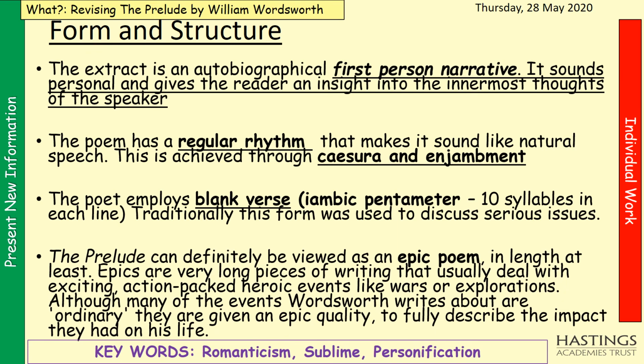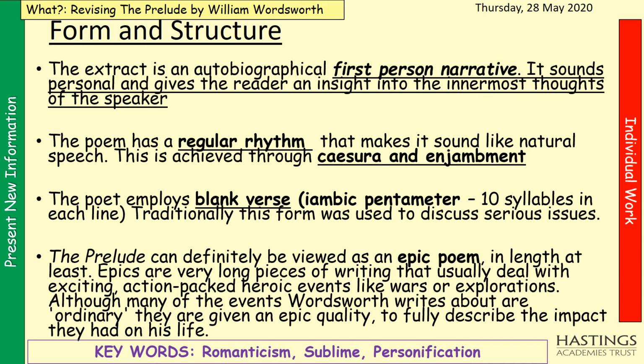It can be viewed as an epic poem, so that's the name of this type of poem. In length, obviously, it is a very long poem, a long piece of writing. We've only read an extract from it. Usually epic poems deal with exciting, action-packed, heroic events, maybe like wars or explorations.